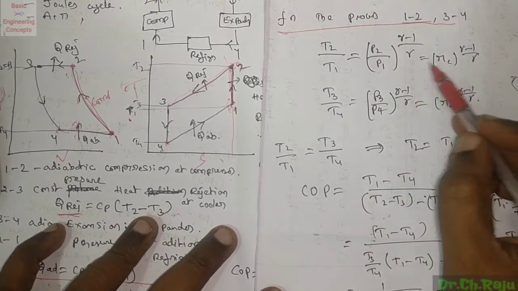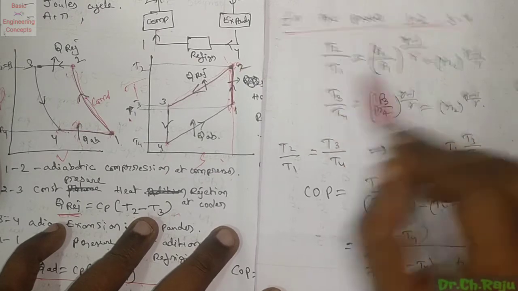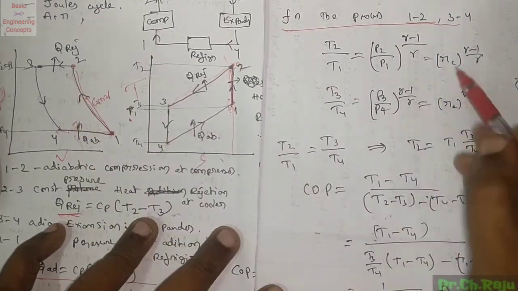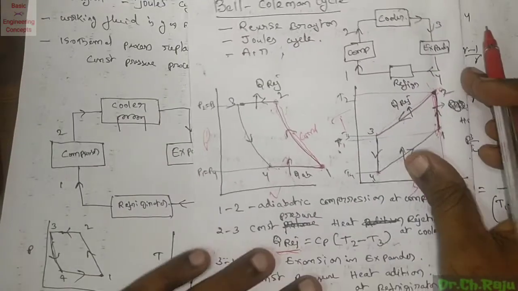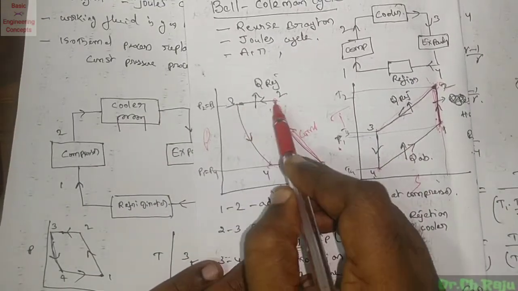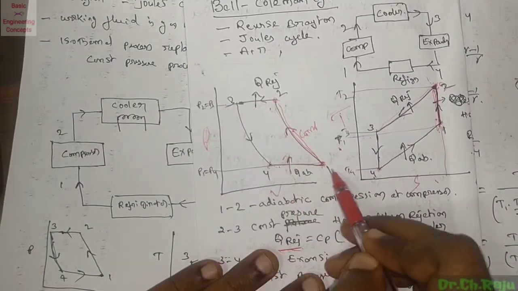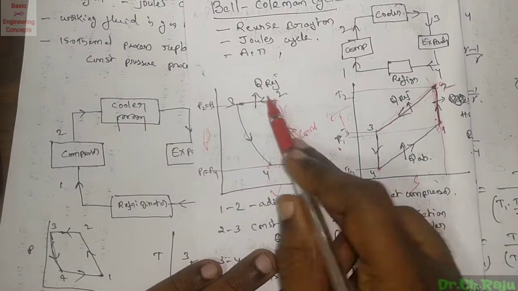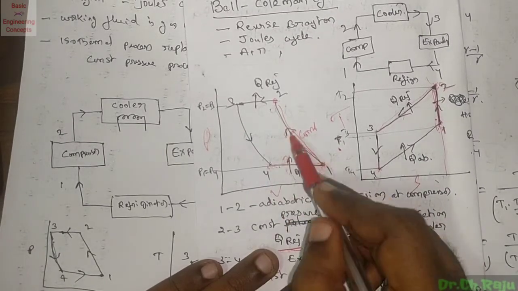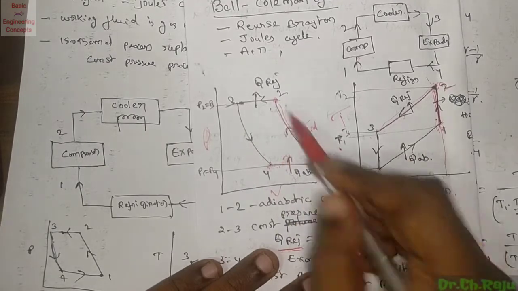If P2 by P1 is taken as the compression ratio RC, as the pressures are the same, P2 and P3 are the same, and P1 and P4 are the same, then the compression and expansion ratios are both the same.